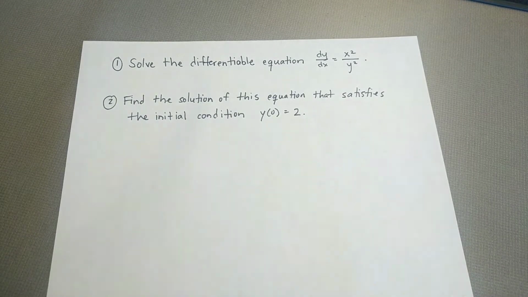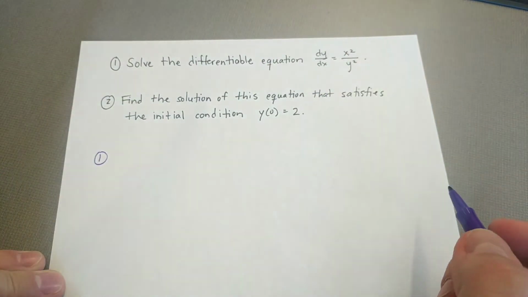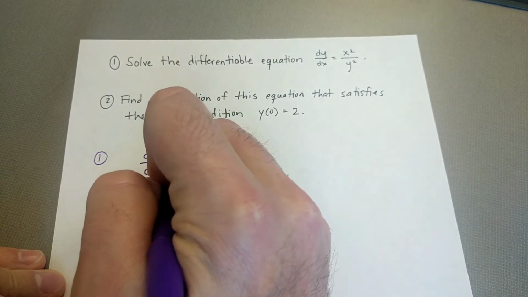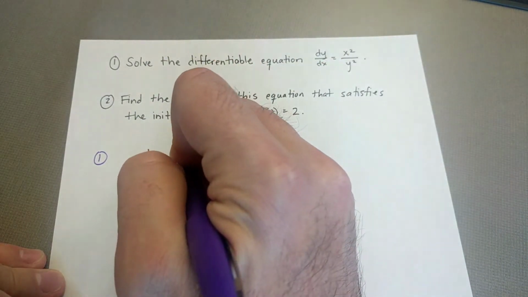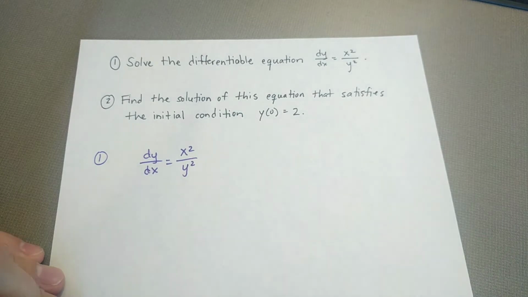All right, so let's do number one first. We're going to solve number one to start out with. So I'm going to start with the original equation, dy over dx is equal to x squared over y squared. So goal number one here is to get all the things with x's on one side of the equation and everything that has y's on the other side of the equation.